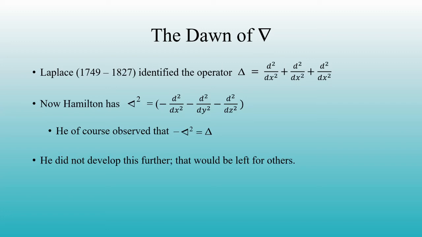Again, if he had a verbal name for it, it has been lost to history, and it seems highly probable that Hamilton's use of the sideways triangle was an homage to Laplace. Some would go on to refer to Hamilton's operator as the square root of Laplace's operator, but of course there's that pesky minus sign that must be considered due to the fact that Hamilton's i squared is equal to -1.